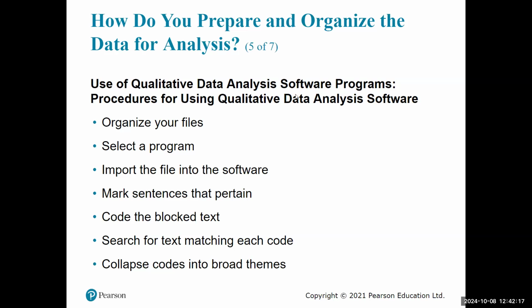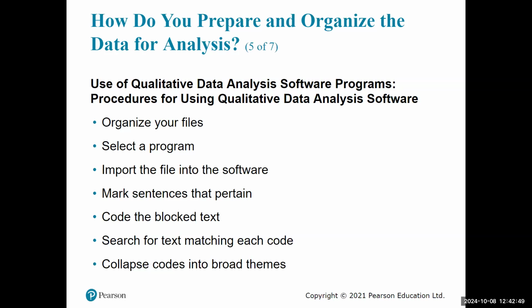Again, kind of like the example that we just saw, you can organize your files, select the program, import the file into the software that you want to use, and mark sentences that pertain to whatever it is that you are researching. So as you're going through that data, you can highlight the things that are important, you can color code it, code the block text, and whatever block of text you decided is important, give it a code.